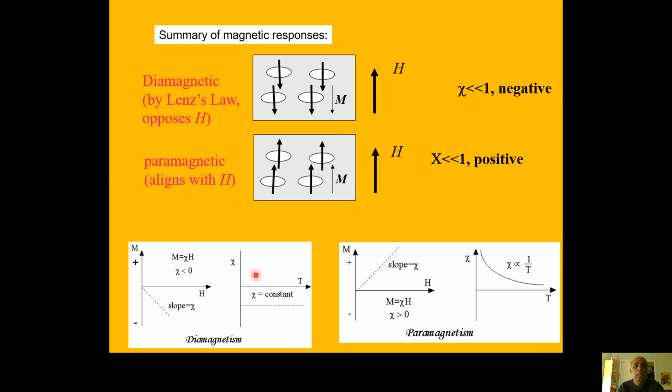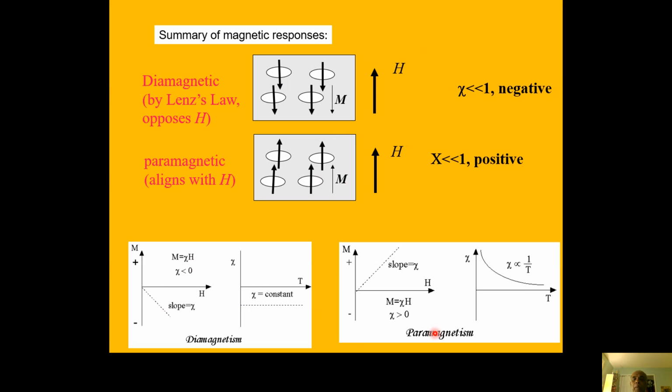So if I plot magnetization as a function of field and as a function of temperature, you can see your chi is negative, right? For diamagnetism, you get this kind of curve. For temperature, we don't have any temperature dependence for diamagnetism.